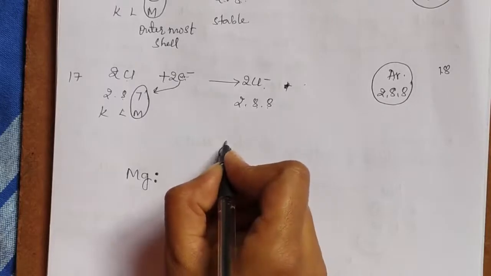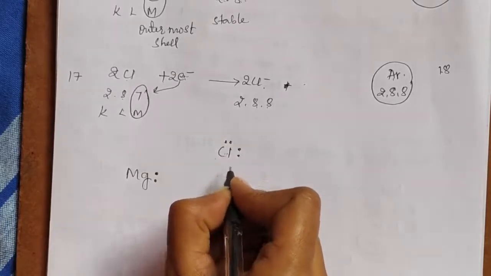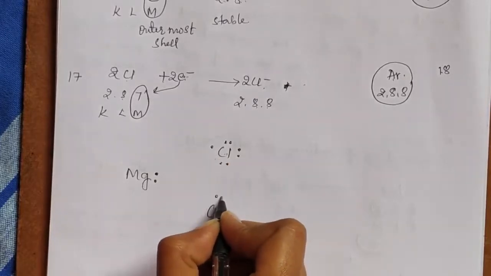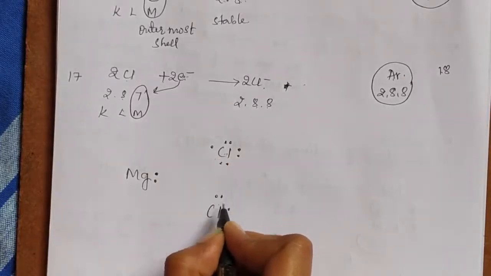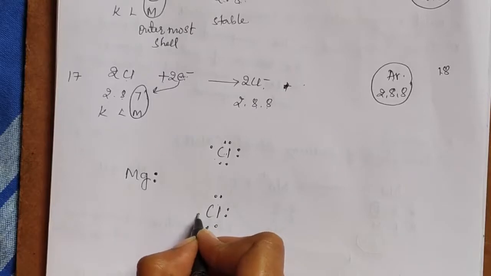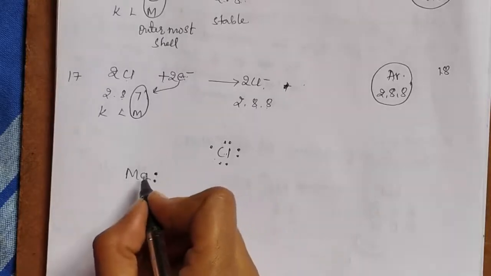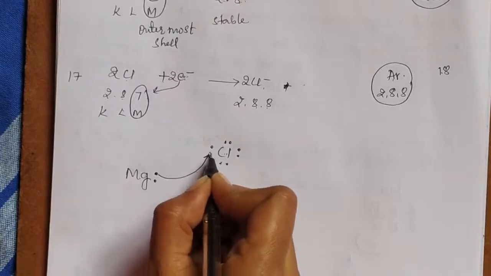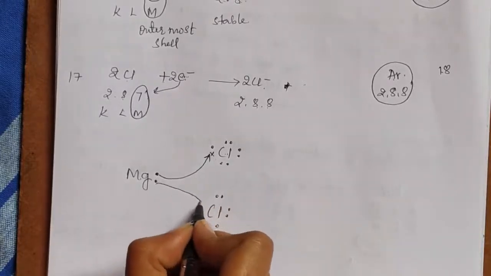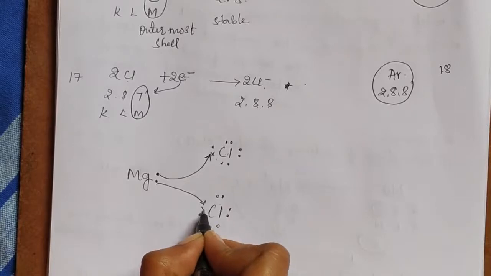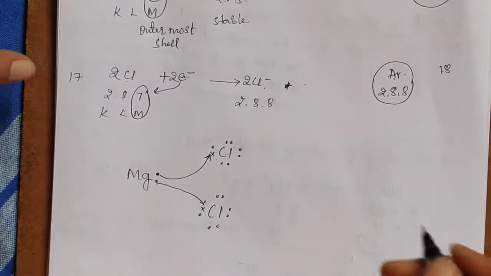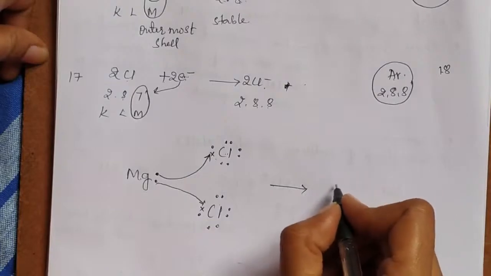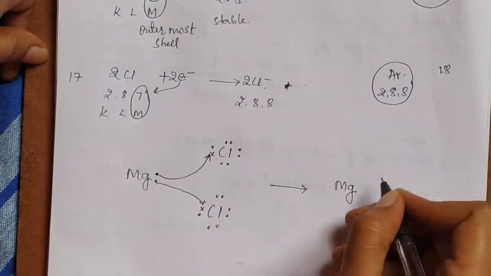Okay, chlorine has 7 electrons in its valence shell. Okay, now this magnesium will give 1 electron to 1 chlorine atom and another electron to another chlorine atom. Okay, now we'll write magnesium.